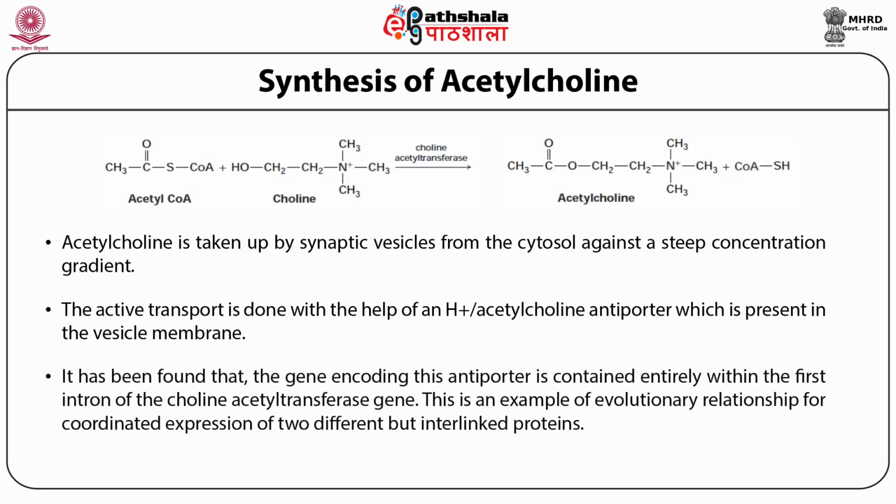It has been found that the gene encoding this antiporter is contained entirely within the first intron of the choline acetyltransferase gene. Therefore, this is an example of evolutionary relationship for coordinated expression of two different but interlinked proteins.